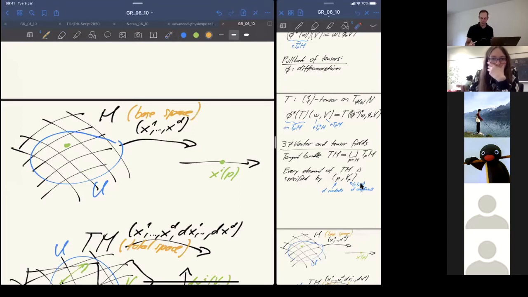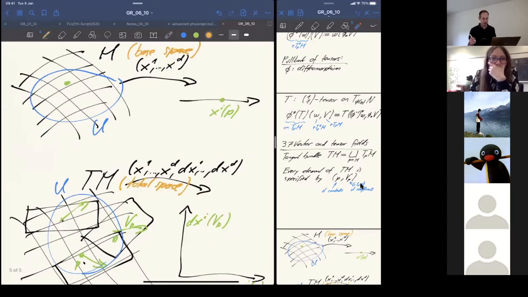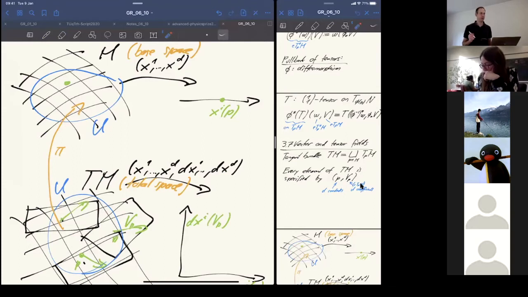This is just terminology. And then there is also a natural map induced from here to here, namely the projection map pi. What this projection map does is it takes a vector here, and the vector has a location p, and it just extracts the location and tells you this vector was at the point p. Of course, that's just essentially this part of the information that you extract. And this is called the projection.